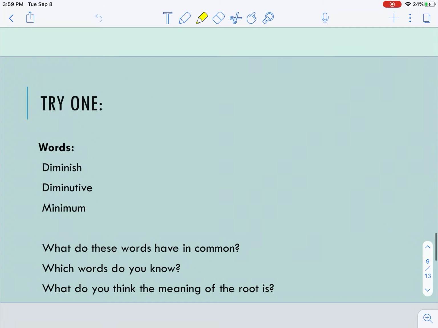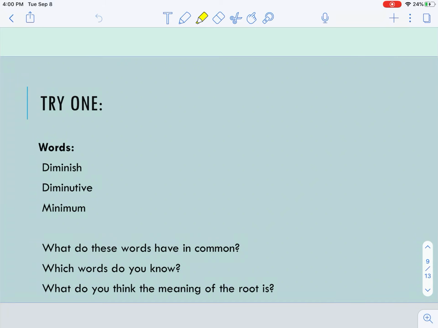Take a look at this one now. Diminish, diminutive, and minimum. Think about what those words have in common. What would that root be? In this case, it would be M-I-N, min. Now, think about which one of those words you know. Diminutive is a trickier word, so you might not know that one. And then try to determine what you think the root is.